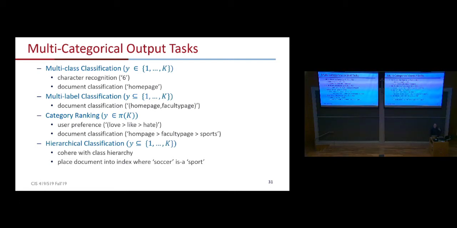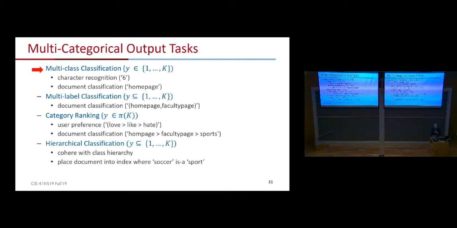Maybe there's a tree of labels that defines the taxonomy, and you want to know that there is a node that represents sport, and under sport, various kinds of sports. On the other hand, you have something that represents religion, and under religion, you have various aspects of religion, and so on.